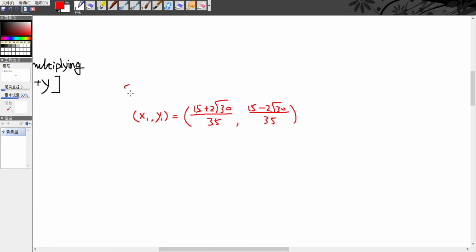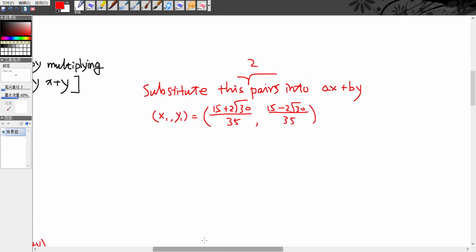So we're just going to substitute this pair into ax plus by, these two pairs. And the first one, I'm not going to waste my time solving these two easy but tricky simultaneous equations. It's not tricky, it's just very nasty, and I'm not willing to do it again.